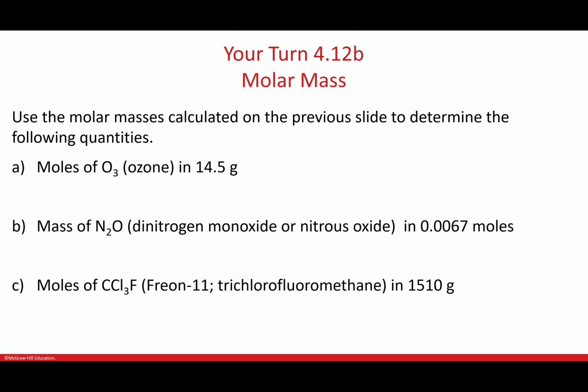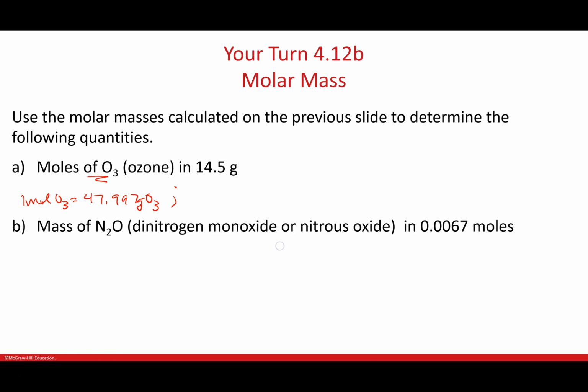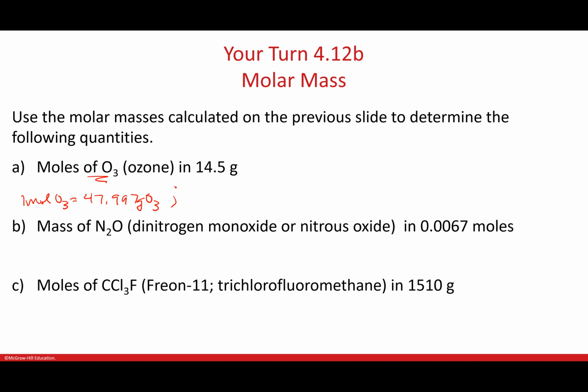From the previous slide, I said just for ozone, 1 mole of O3 is equal to 47.997 grams of ozone. That was the molar mass. To work this problem, I would start with the 14.5 grams over 1. Now, I am all about making units cancel.